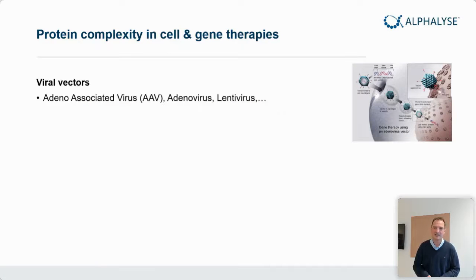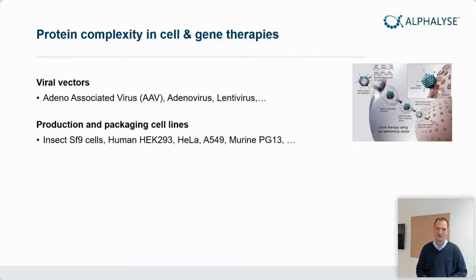So why is it so difficult to measure these types of products? One of the reasons is that they are very complex. The samples are very complex. It's a mixture of different proteins from different sources. I've listed some of the sources up here. So one is the viral vectors used, each of which contains a number of different proteins that are part of the product.